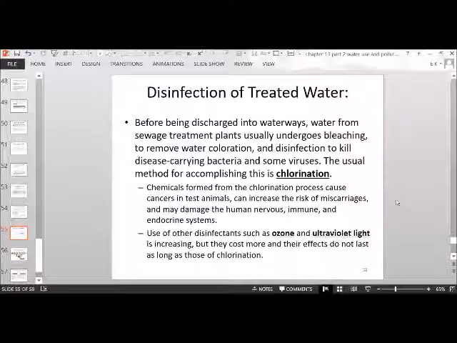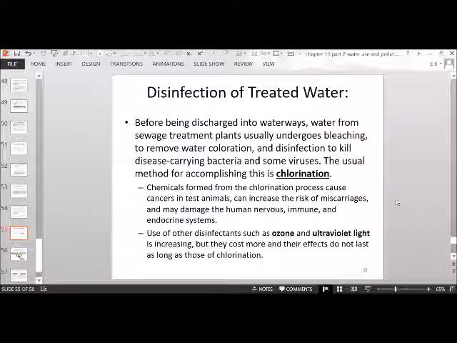Usually the disinfection is accomplished using chlorine, or chlorination. There are some issues related to chlorinated water. For example, chemicals formed during the chlorination process have been shown in some studies to cause cancer in test animals and may have other effects.